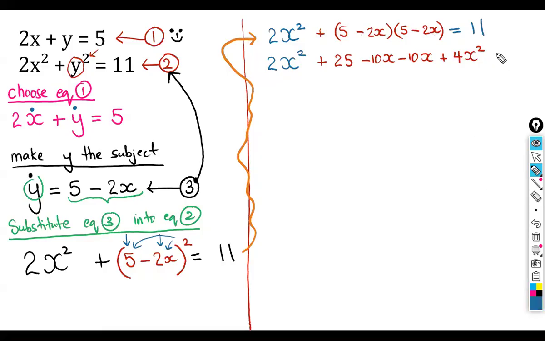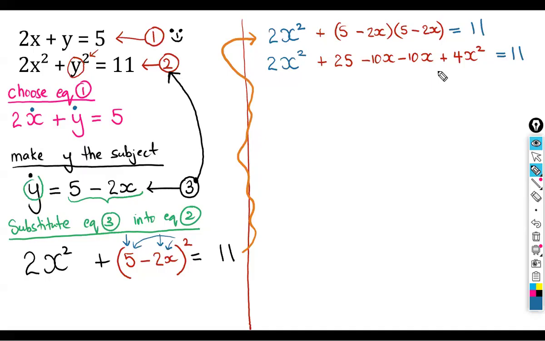I'm color coding it for you guys there. It's positive 4x squared. So if you didn't get that, try it back. It doesn't matter if the 25, the minus 10, everything in red is in a different order, once the values are the same and the signs are the same.